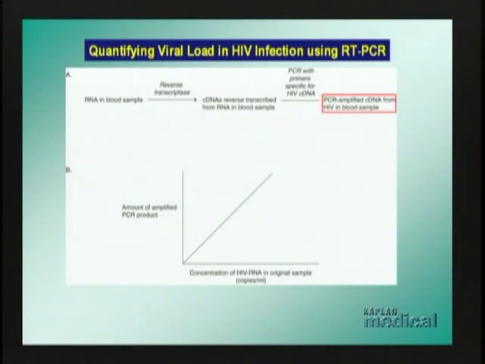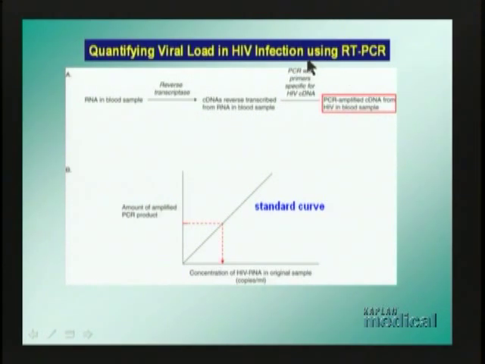In order to determine that, we need some sort of standard curve. So what's done is to take the PCR amplified cDNA, let's assume we have this amount, let's assume it's 1 million copies, and then we go to the standard curve and then straight down. This will tell us the number of DNAs that were obtained from the RNA originally per unit volume. In this case it would be per mL.